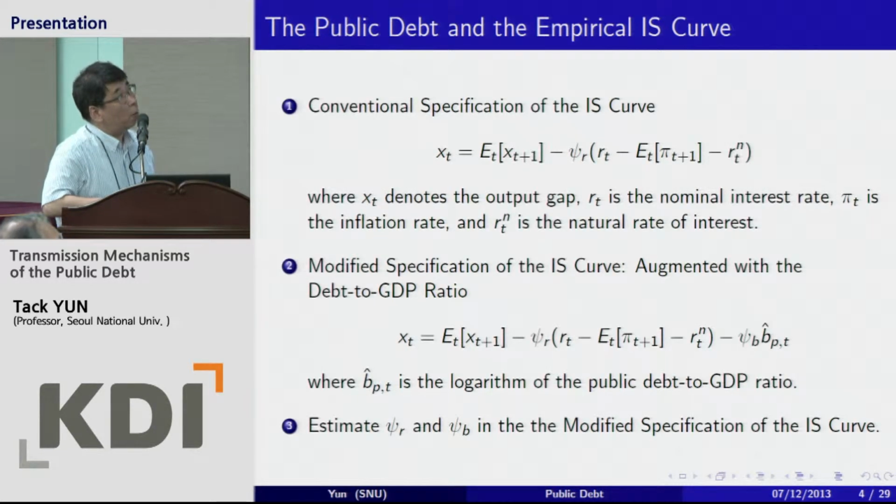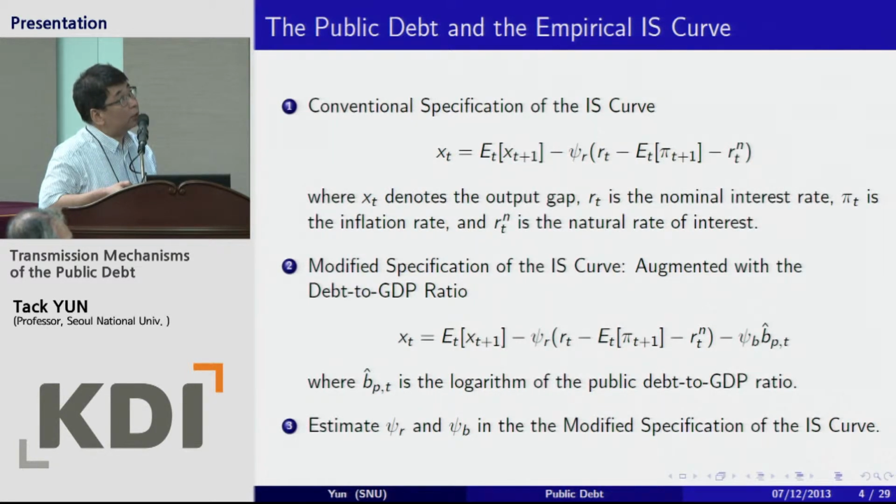So here, in this slide, what I choose is the IS curve estimation. The first line is the conventional specification of the IS curve. This is just a linearized Euler equation. Here x_t is the output gap, defined as the log of the GDP from its potential GDP level, and x_{t+1} is the next period output gap.